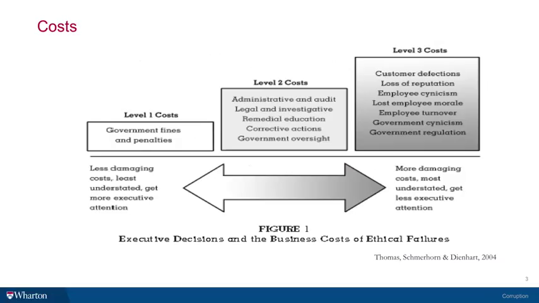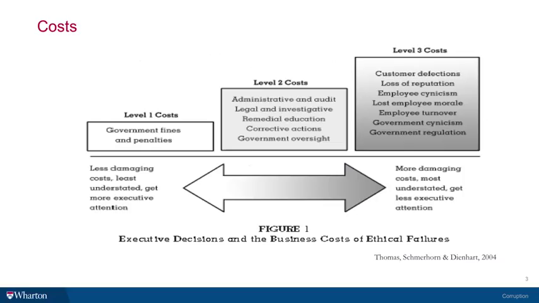And level 1 costs, of course, are the costs with which we are most comfortable, most familiar, what we know the most about. You will often see in business minutes, in memos that go between managers, references to level 1 costs. If we engage in this kind of behavior, we will accrue this sort of cost, right? They're easily predicted, easily measured.